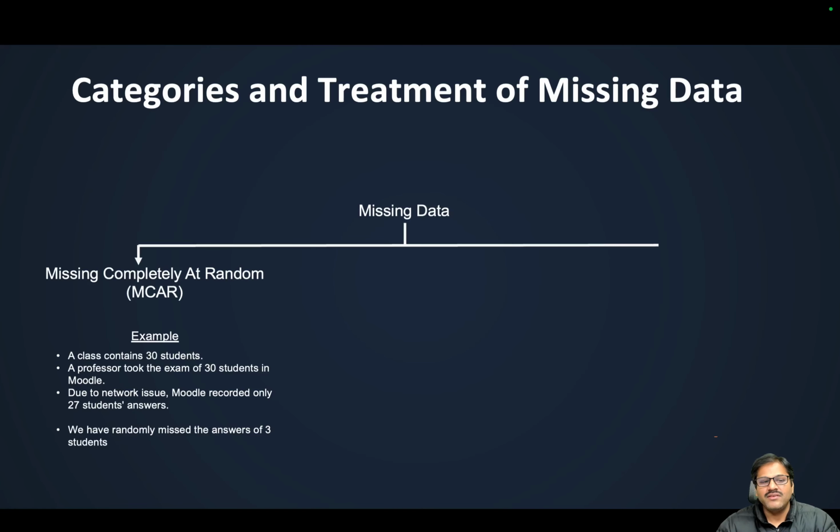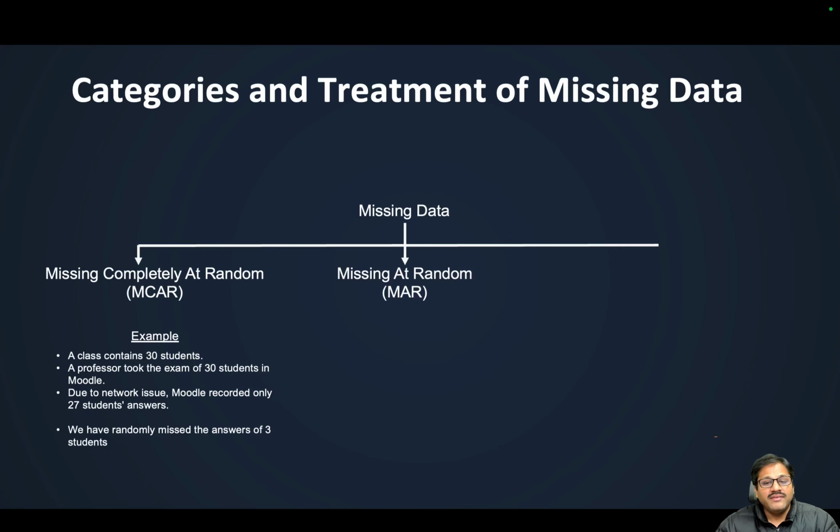In this case, the missing data of these 3 students represent missing completely at random, because among the 30 students, every student had the equal chance to miss his data. So in this case, we call the missing data as missing completely at random.